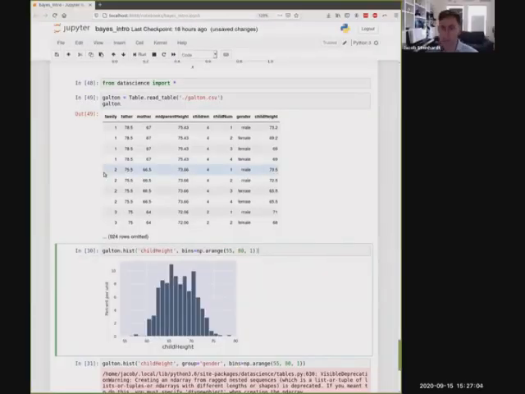I'll make this available for you as well. It included parents and children, but we're not going to be super worried about that. He just collected height from a bunch of people. And so here's the histogram. Oh, I forgot to share the screen. Okay, so this is this Galton data.